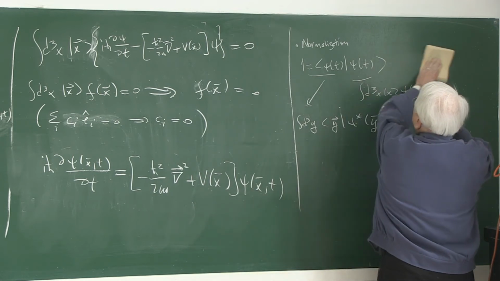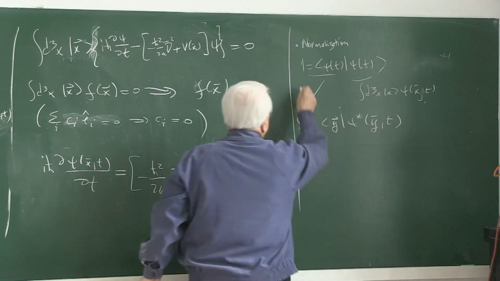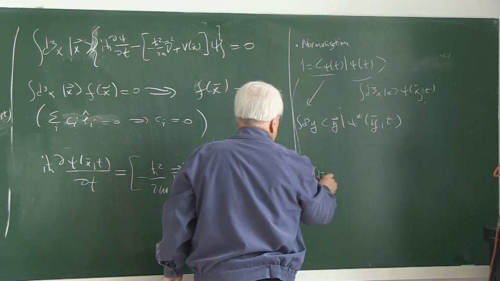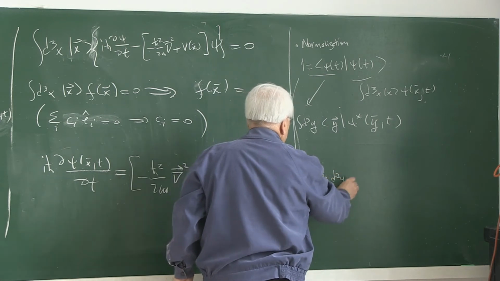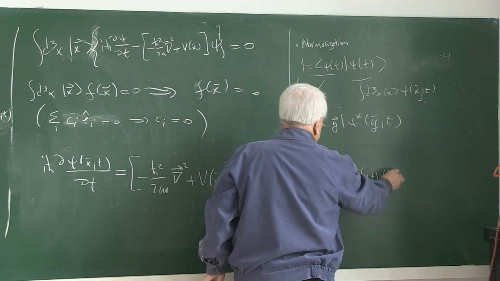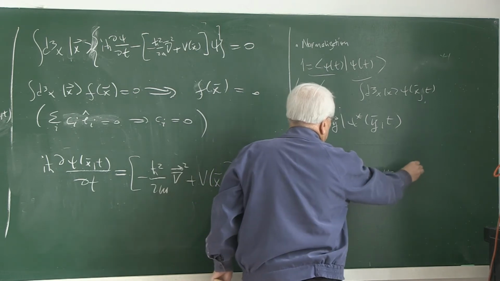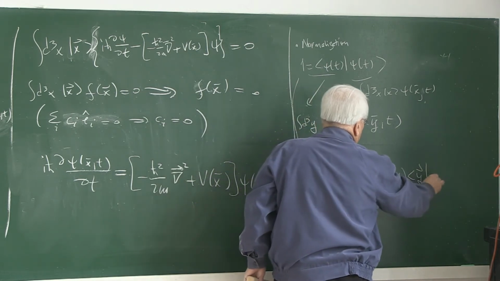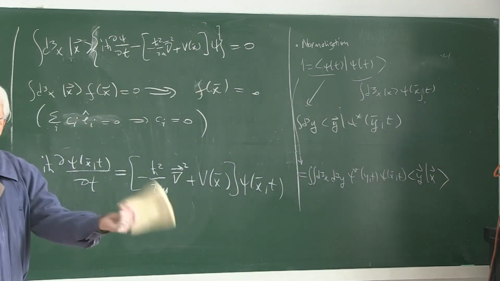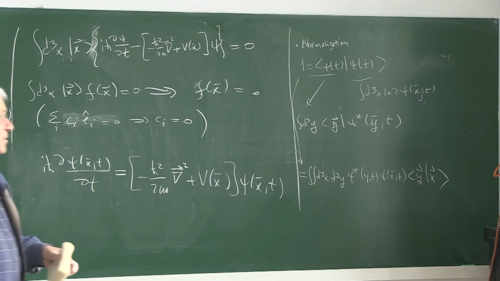I don't think it's a good idea to continue in here. I will write it in here: d cube x, d cube y, psi star of y, t, psi of x, t, and the inner product of y with x. That's how I hit the psi bra with the psi ket.